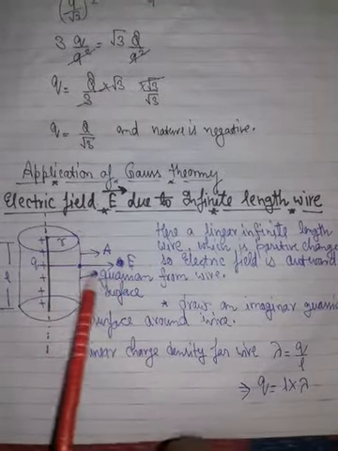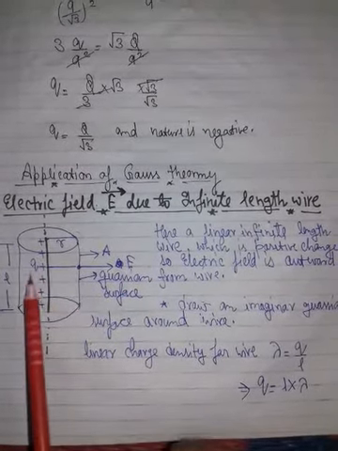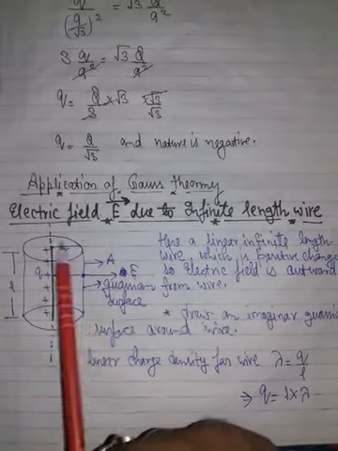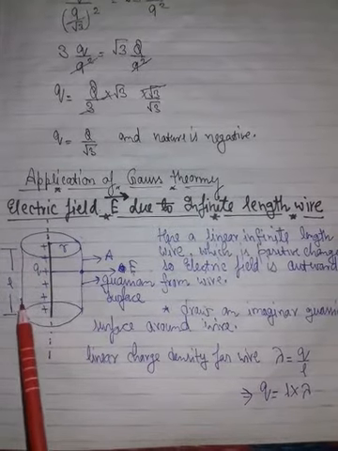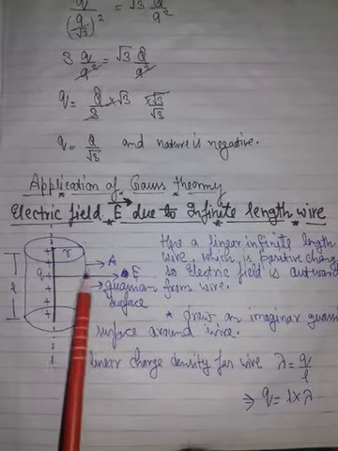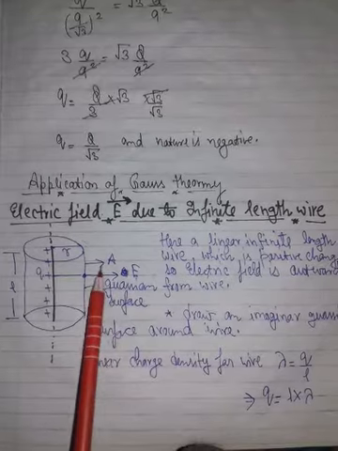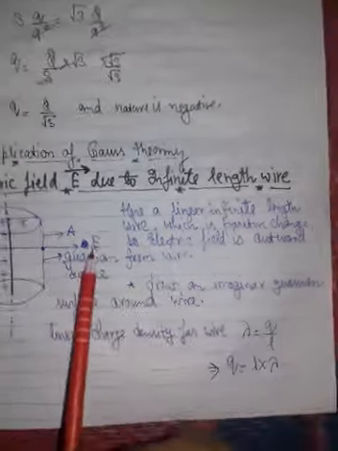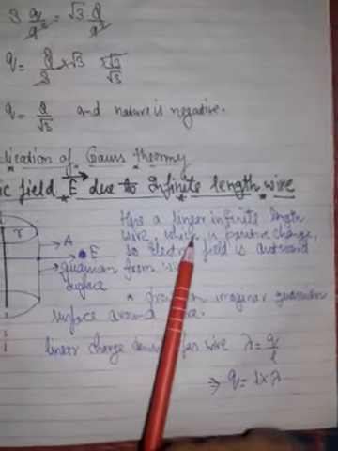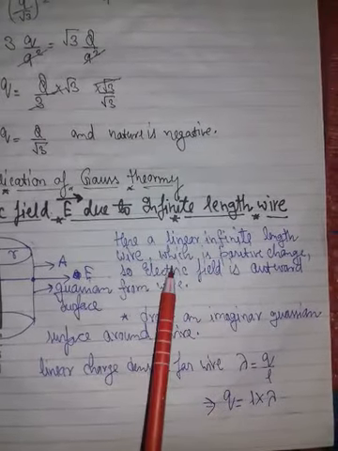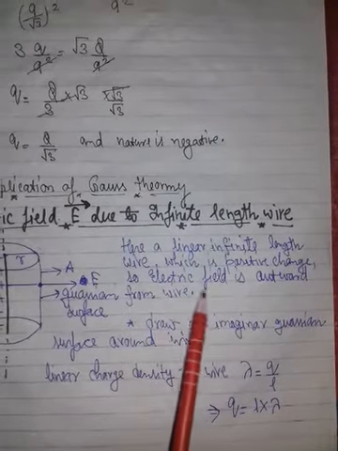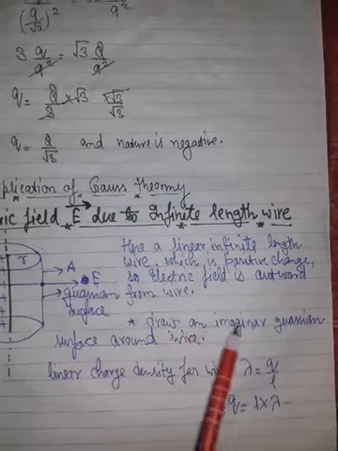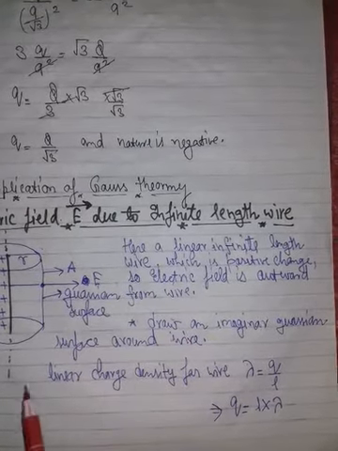Taking a Gaussian surface, that is an imaginary surface around the rod for the derivation, with length l, and small r is the distance of the Gaussian surface, and A is the area of this cylindrical Gaussian surface. Here is a linear infinite length wire which is positively charged, so the electric field is outward from the wire, and we draw an imaginary Gaussian surface around the wire.